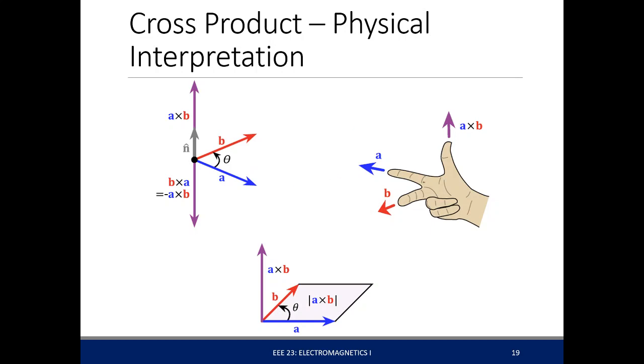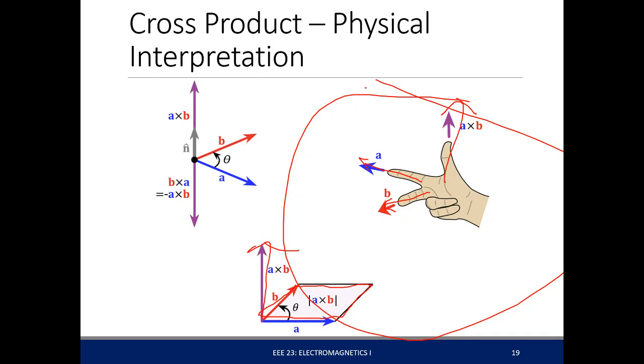If you put your first operand on your pointing finger and your second operand on your middle finger, then the thumb corresponds to the direction of their cross product. So again, the magnitude of the area of the parallelogram of A and B is defined by the cross product A cross B. And the normal vector, again, is defined by the right-hand rule.